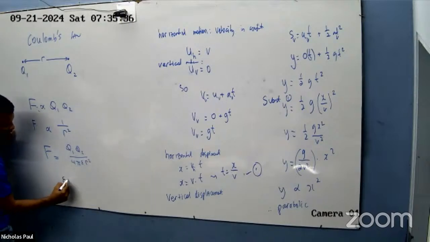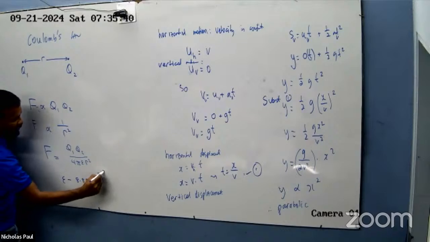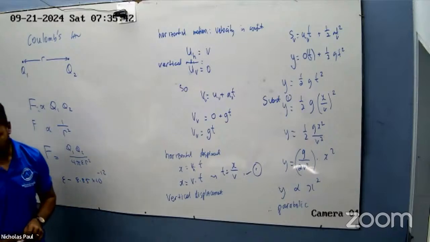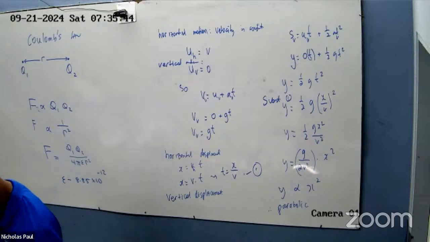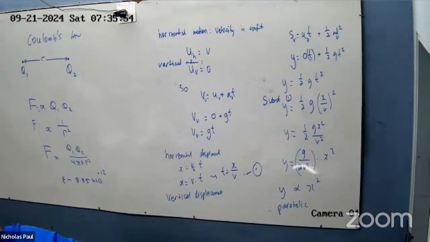The epsilon value is 8.85 by 10 to the minus 12.